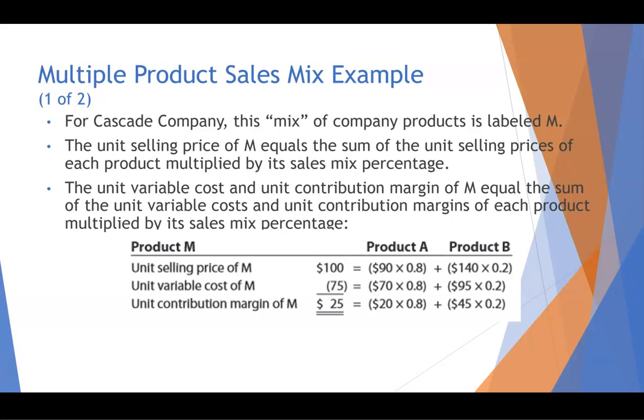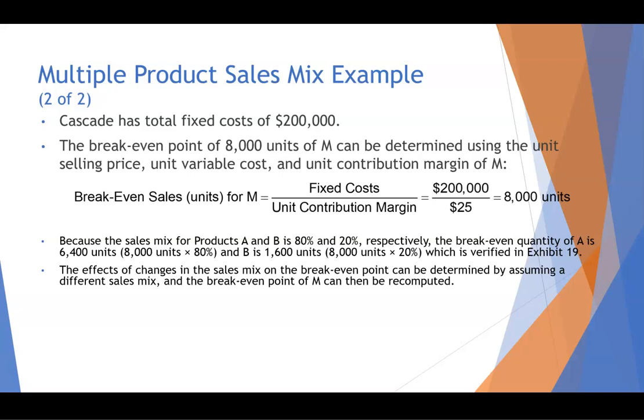So as you see here, based on this mix, our unit contribution margin of our mix is $25. If the total fixed costs are $200,000, then we need to sell this mix of 8,000 units.